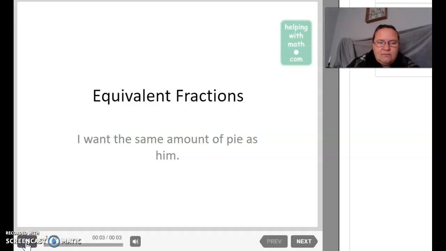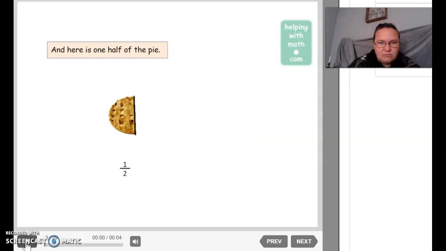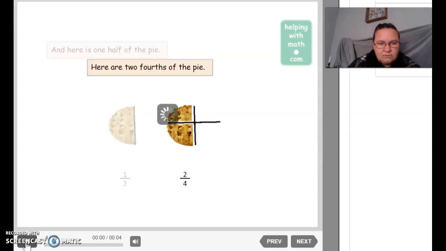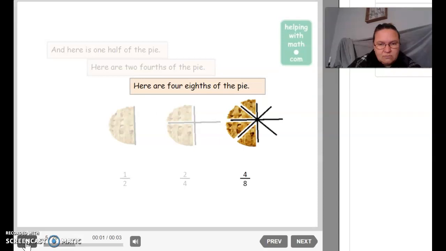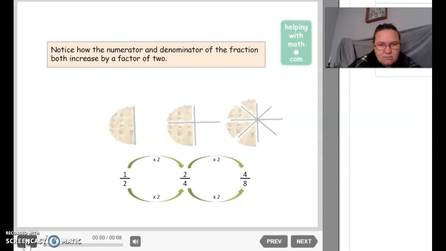Equivalent fraction. Here is 1 whole pie, and here is 1/2 of the pie. Here are 2/4 of the pie. Here are 4/8 of the pie. These fractions show the same share of the pie. This means these fractions are equal or equivalent.